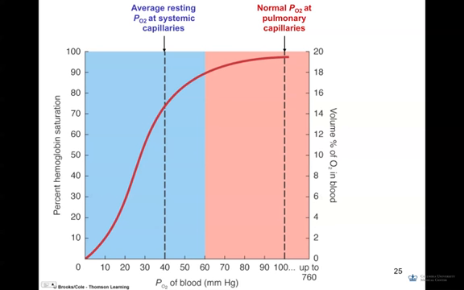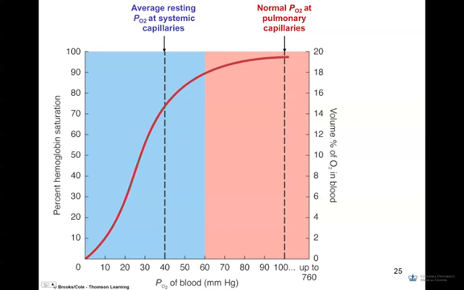And in this range of PO2, hemoglobin binds to oxygen readily, and it binds to it very tightly. However, when that hemoglobin becomes fully saturated, that blood becomes fully oxygenated.